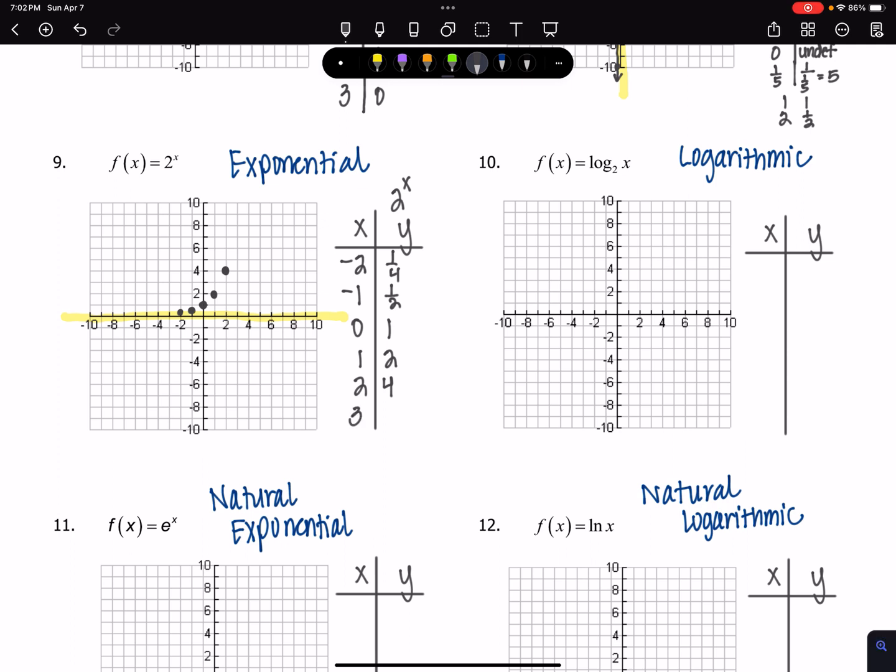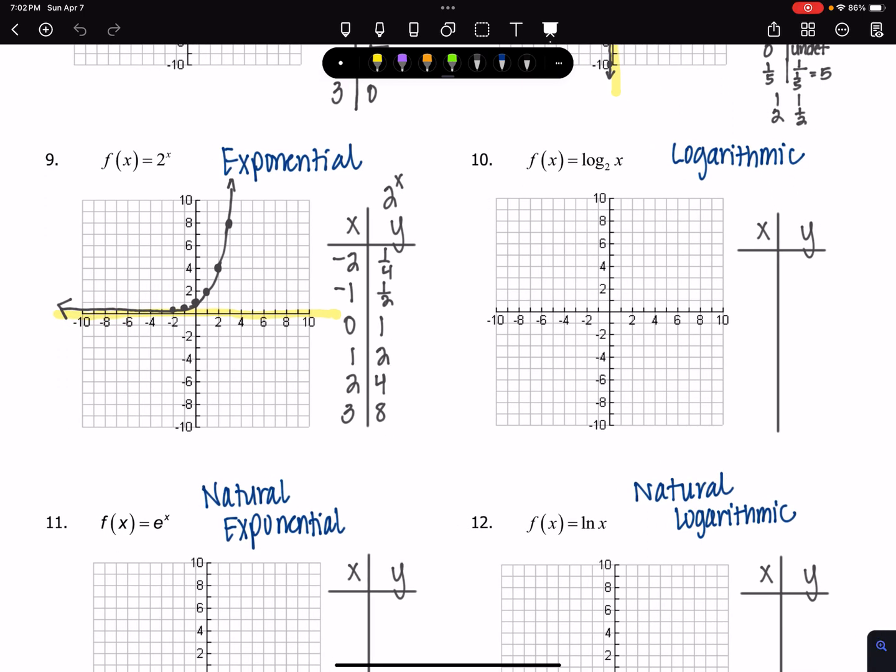When we put a 3 in, 2 cubed is 8. This graph has 1, 2, 3, 4 lattice points, and then I usually put 1 or 2 more points so that I have a nice little target to create my curve.